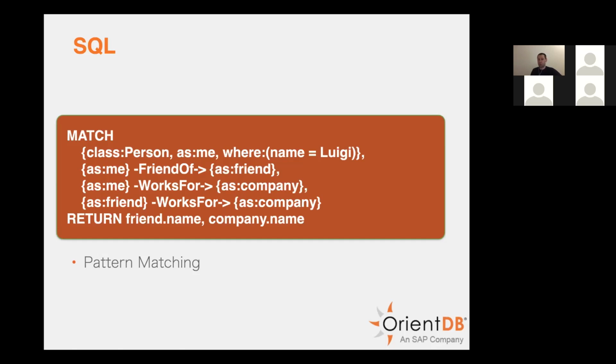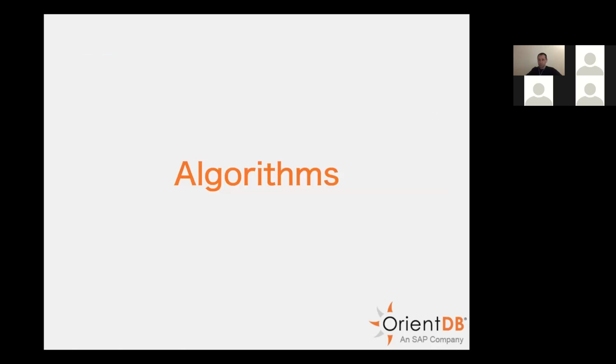So you see a where condition on the person, but you can have another where condition on the company. And you can have deep traversal conditions on the single traversals. So you can do things like traverse that friend of relationship up to 3 levels. That's pretty natural. So this way you can build standard OLTP queries, but sometimes you need something more.